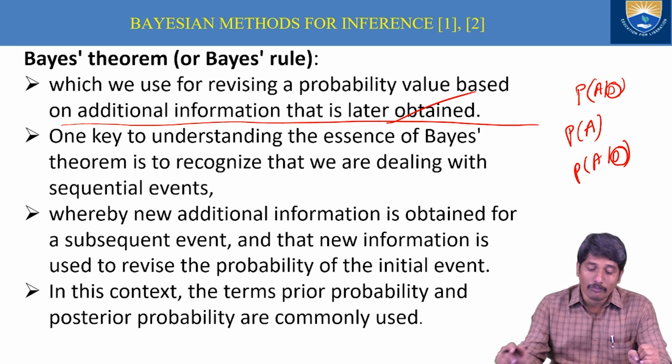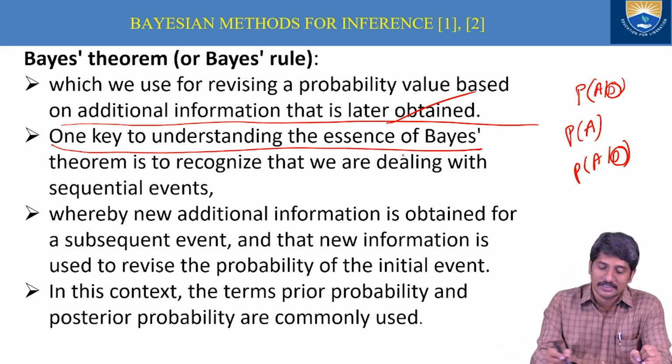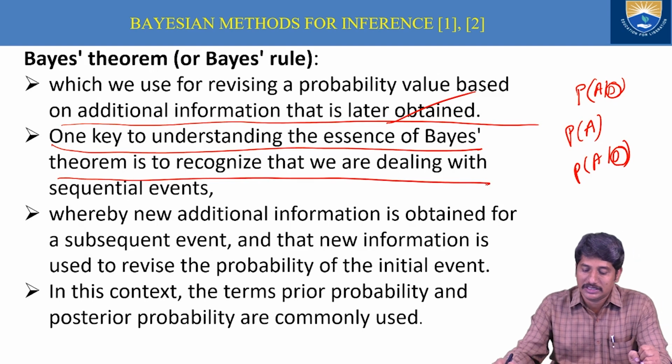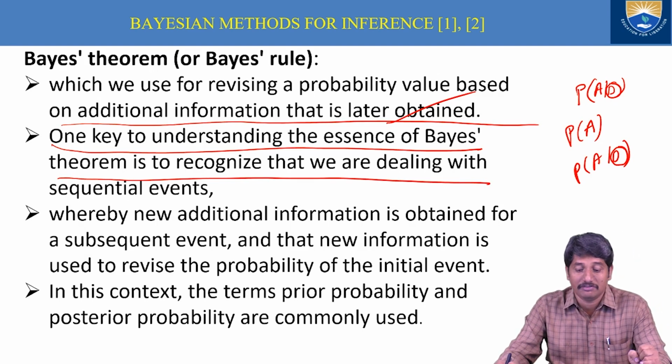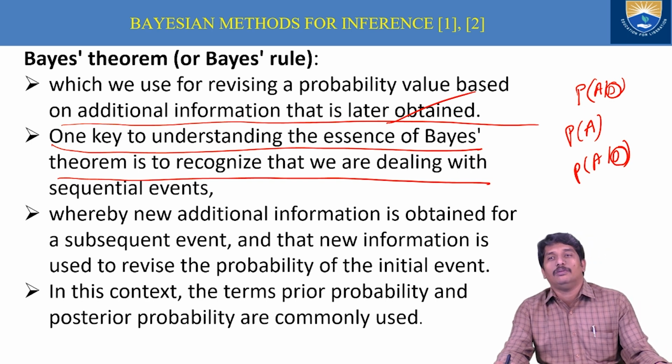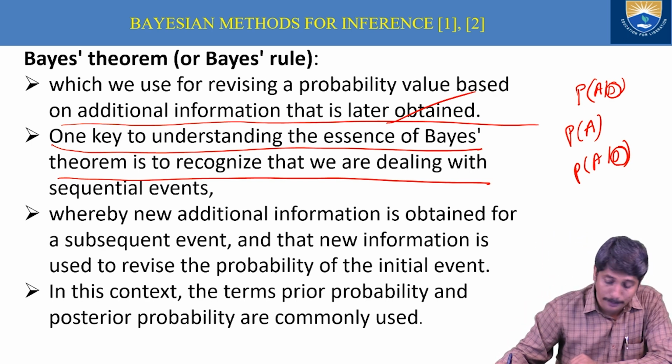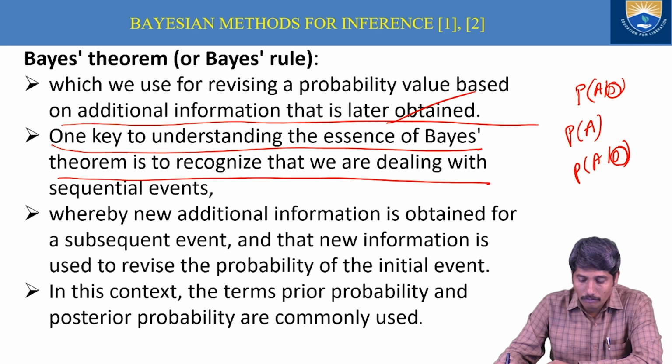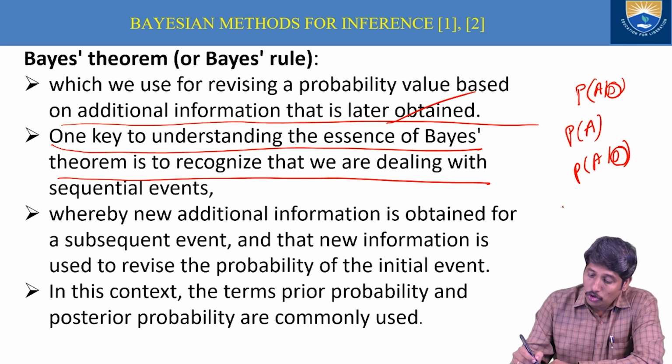And one key to understanding the essence of Bayes' theorem is to recognize that we are dealing with sequential events. The second important thing in the application of Bayes' law is that you apply it when there is a sequence of events happening, E1, E2, and so on.